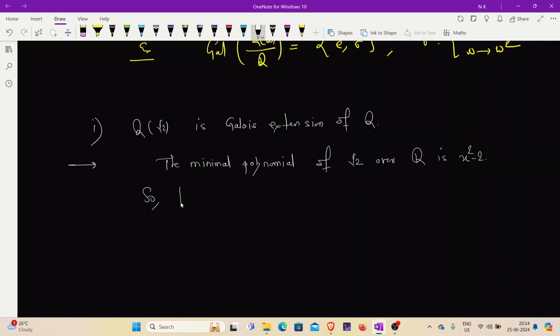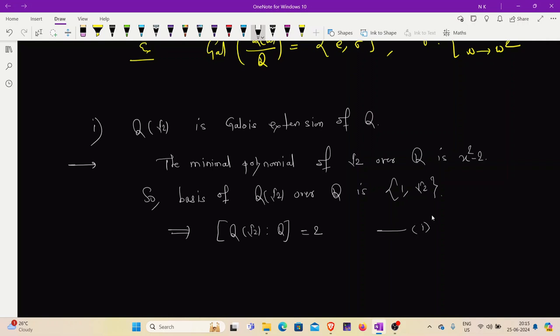So the basis of Q(root 2) over Q is 1 and root 2. Root 2 raised to 0 is 1, root 2 raised to 1 is root 2, because the degree of the minimal polynomial is 2, so the basis will be powers until 1. So this clearly implies the degree of extension of Q(root 2) over Q is 2. Let me write this first.